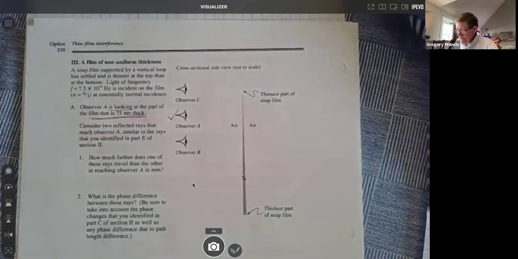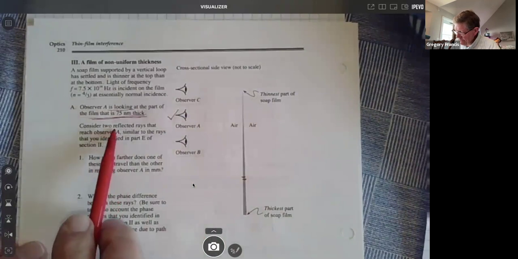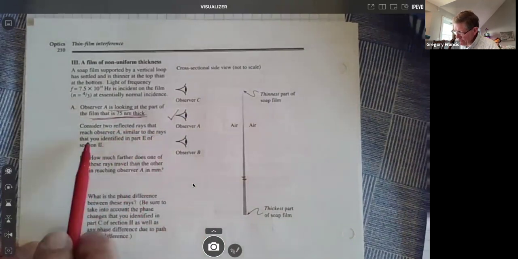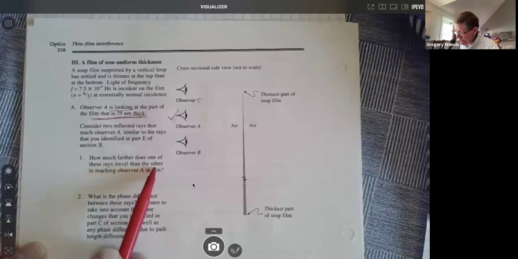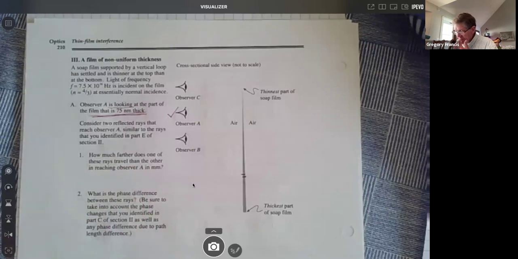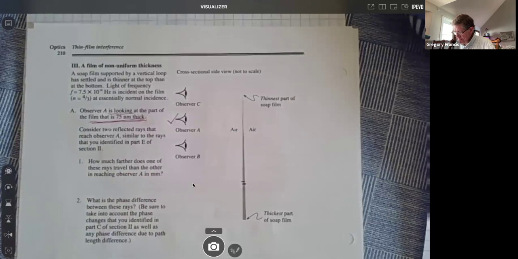And so if I consider the two reflected rays that reach observer A, similar to the rays that you identified in part E of section 2, how much further does one of these rays travel than the other in reaching observer A, in millimeters?